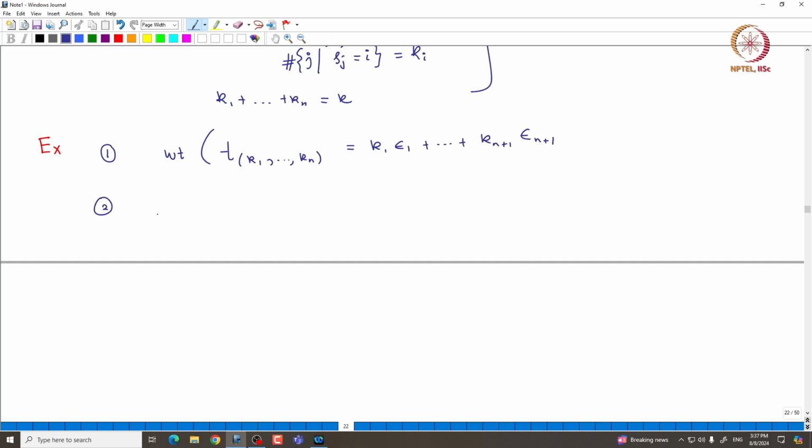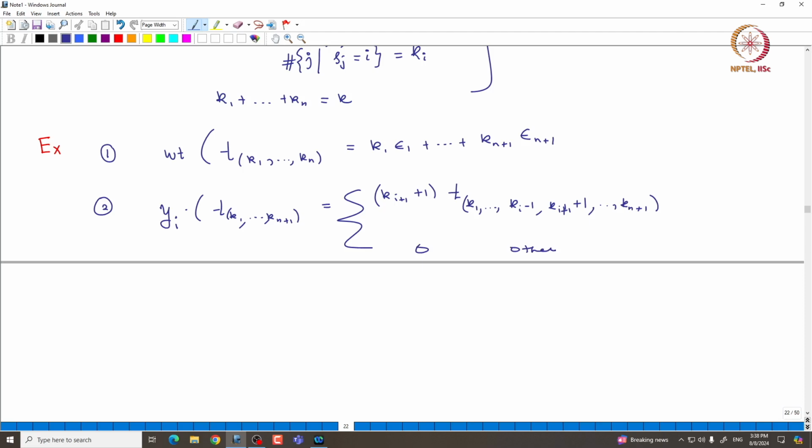Not only that, if you take y_i acting on T(k_1, etc., k_{n+1}), this is exactly given by (k_i + 1) times T(k_1, etc., k_i - 1, k_{i+1} + 1, etc., k_{n+1}), and 0 otherwise.